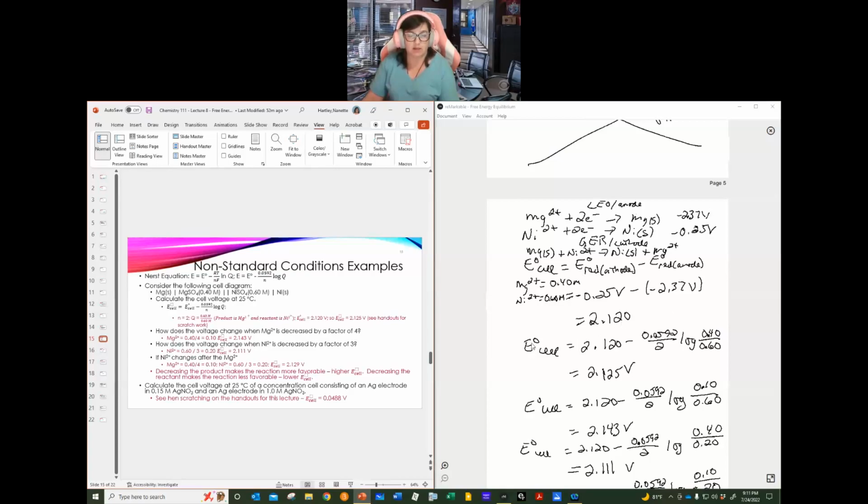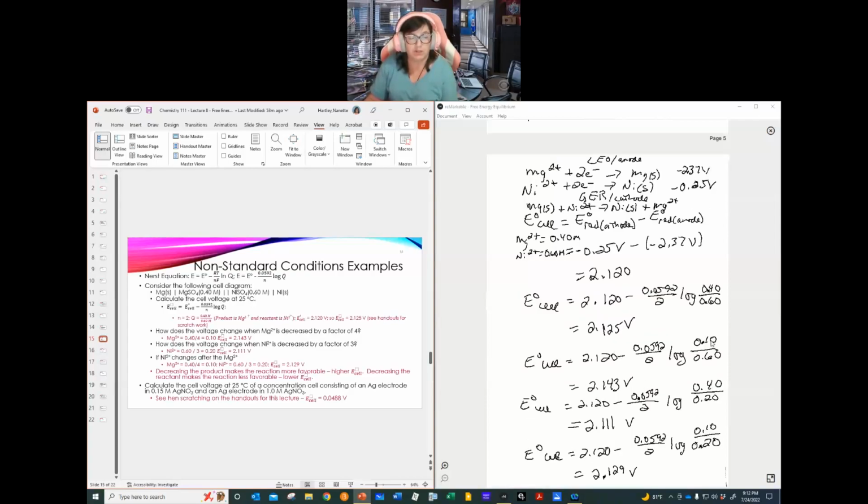I then set up my E cell equals 2.120 volts minus 0.0592 over 2 times the log of 0.4 over 0.6. And when I do all that happy math, it gives me 2.125 volts. Now, I've only left this as 3 decimal places so that you can see how little variation we have in doing this, okay?